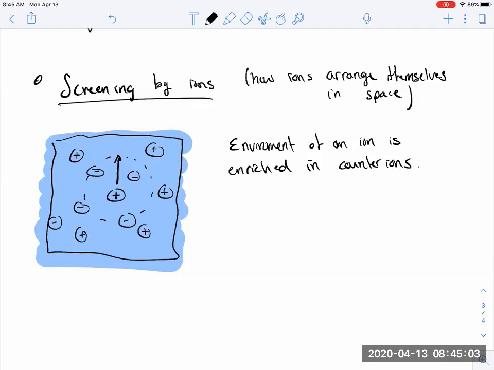I don't notice that there was, say, a tagged cation at the origin.